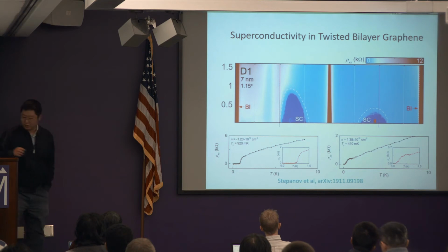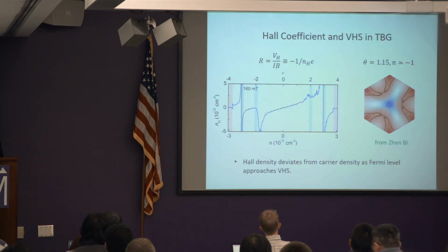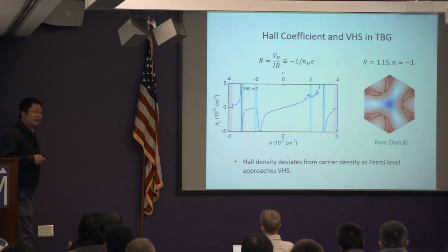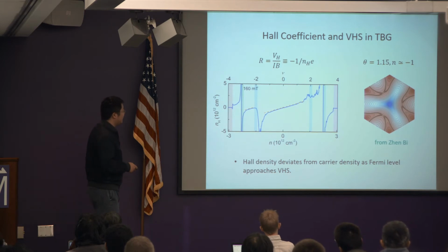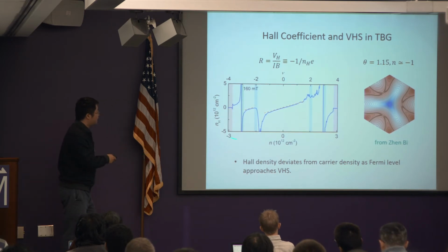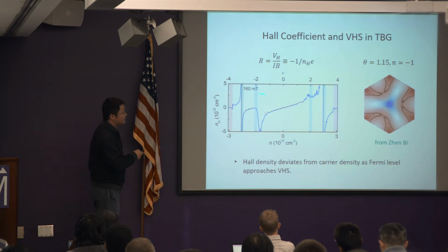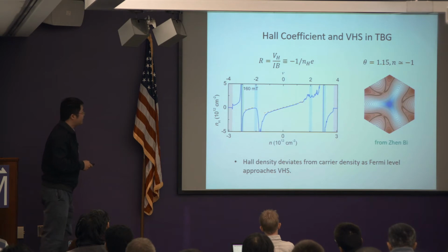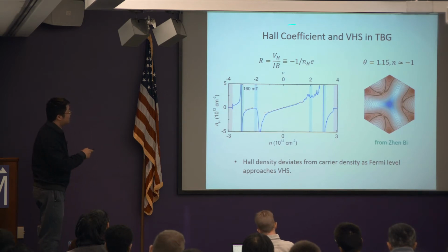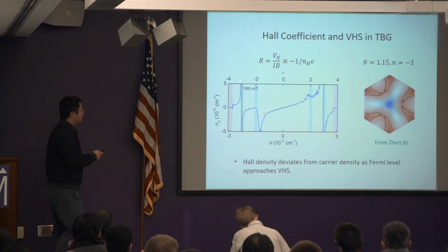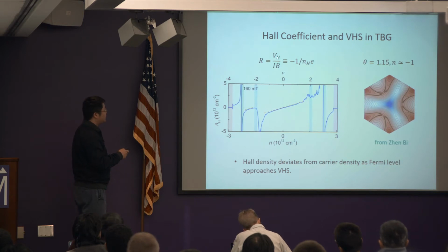So we are currently thinking about the relevance of Van Hove singularity to, for example, this type of device. Another interesting hint is that if you look at the Hall carrier density measured from experiments in this device, it has a very interesting behavior. To remind you, the Hall coefficient is the voltage divided by the transverse current, and further divided by the magnetic field.